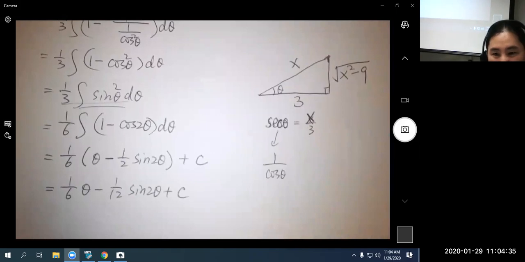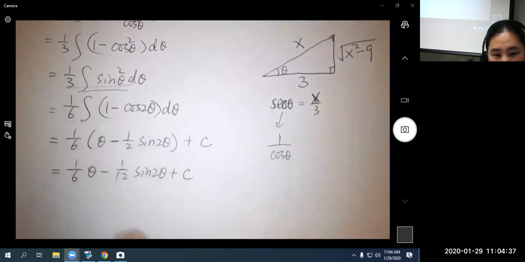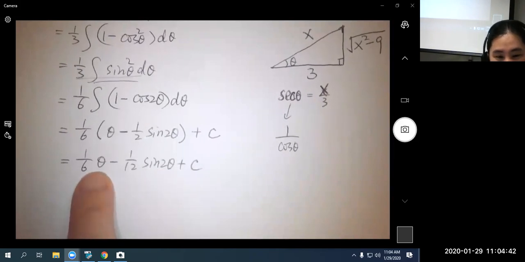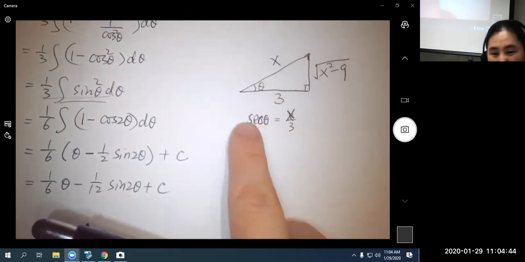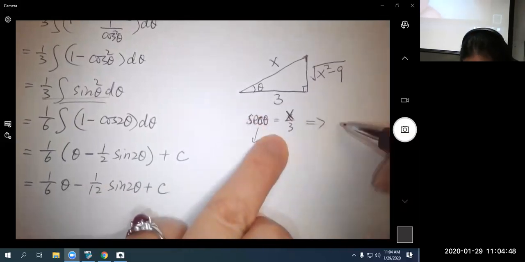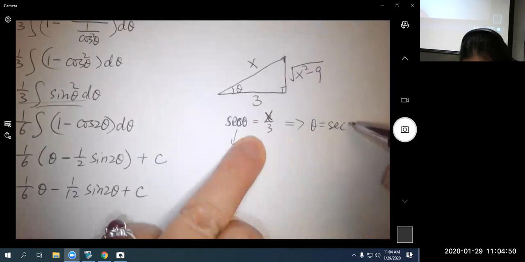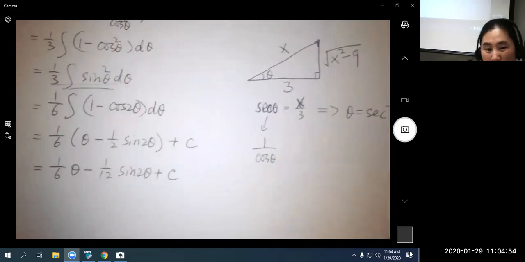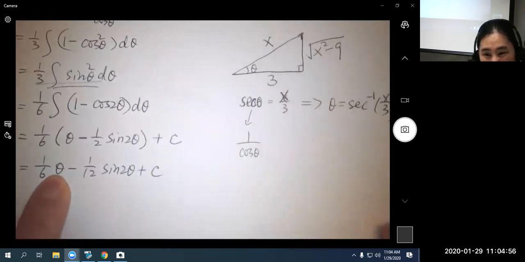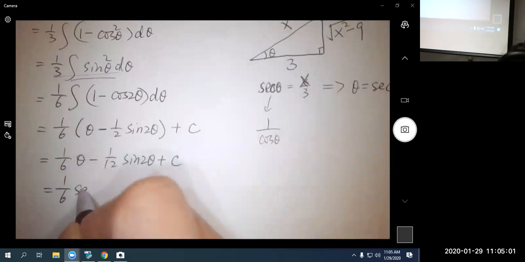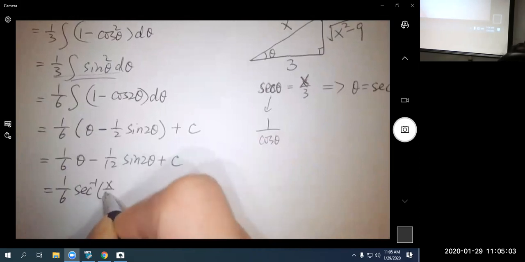All right, so let's see what we're going to have here. For this theta, it's easy: if secant theta equals x over 3, theta should equal the inverse secant of x over 3. It's always like this: if the angle itself, theta, equals inverse secant of x over 3.